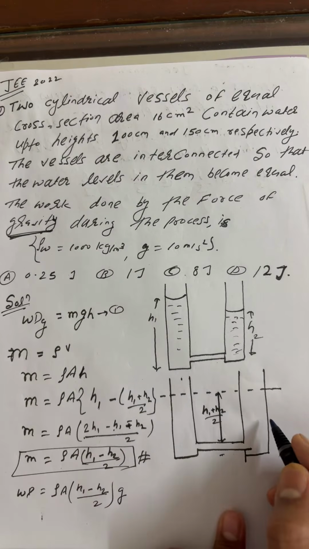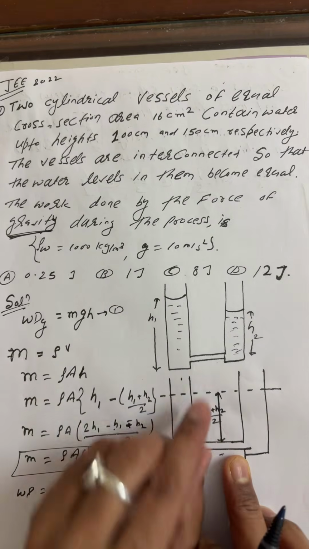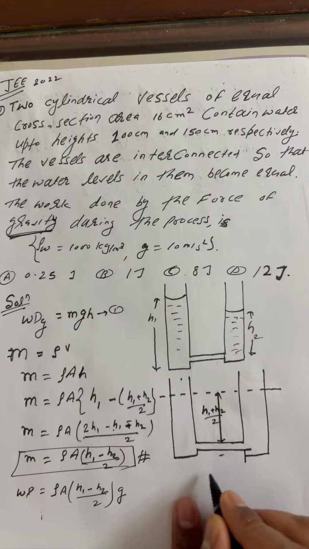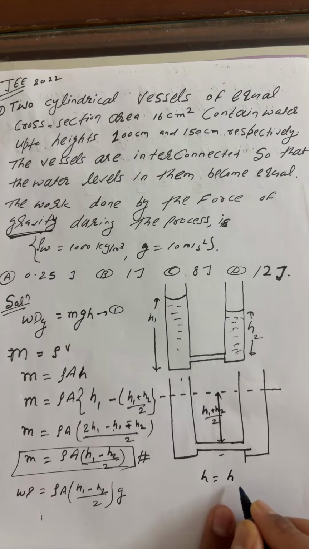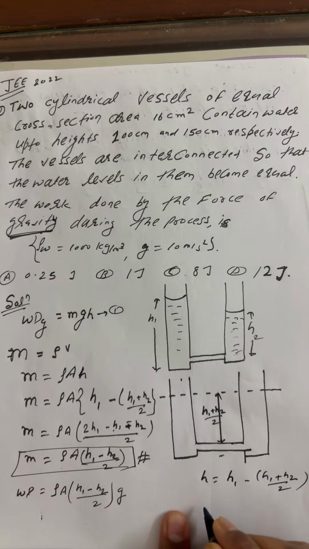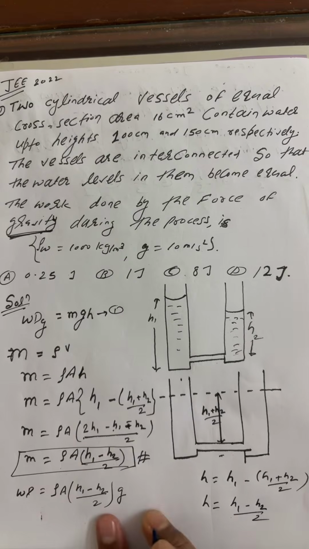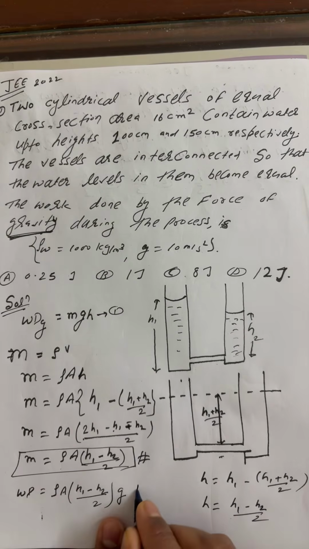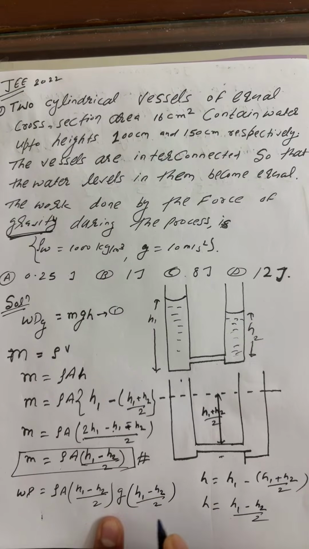The value of H is the final height. So the value of H is (H1 plus H2) by 2, minus (H1 minus H2) by 2. Fit this value over here.